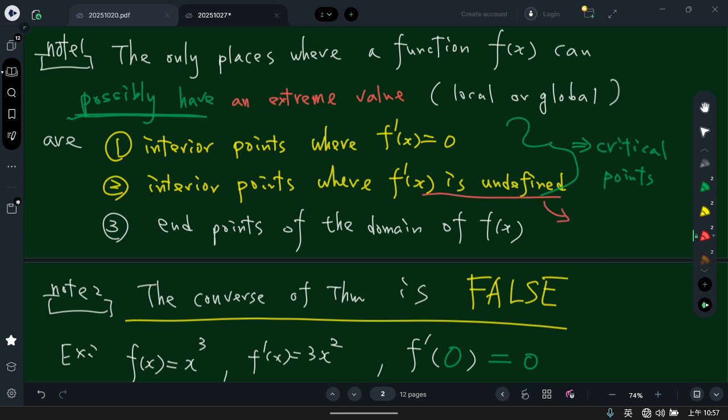Undefined is just like something like this one. Then here is undefined, but it possibly can have an extreme value here, right? Something like that.